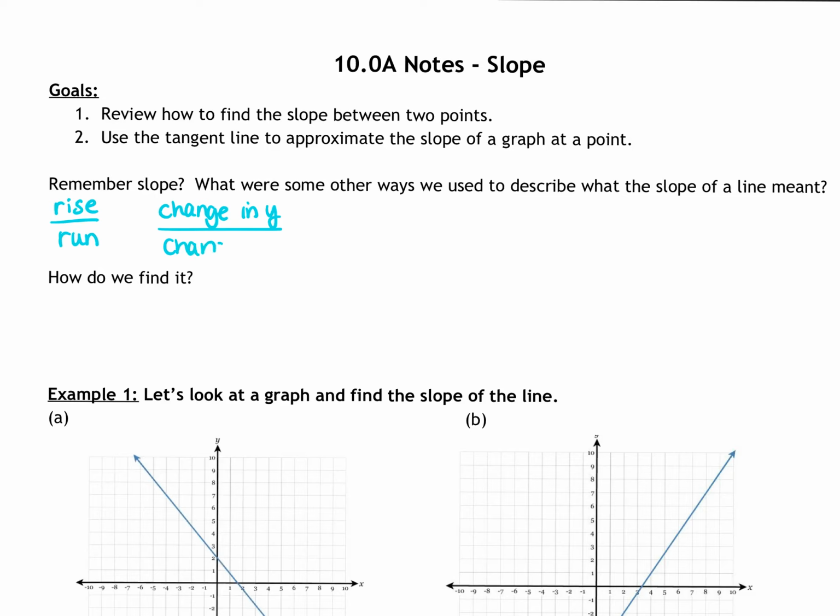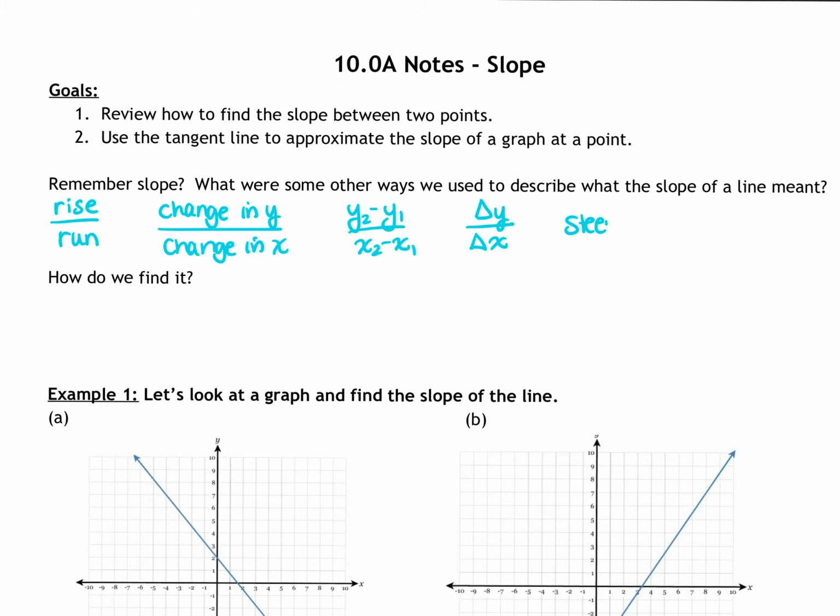Some of you maybe even remember the formula, which we'll write up here. But if you don't remember the formula, that's okay. We can find slope without it. And some of you maybe have seen this notation, delta x. And that'll be something that if you do take calculus, you'll see more of. Those are just a few quick review ways of naming slope.